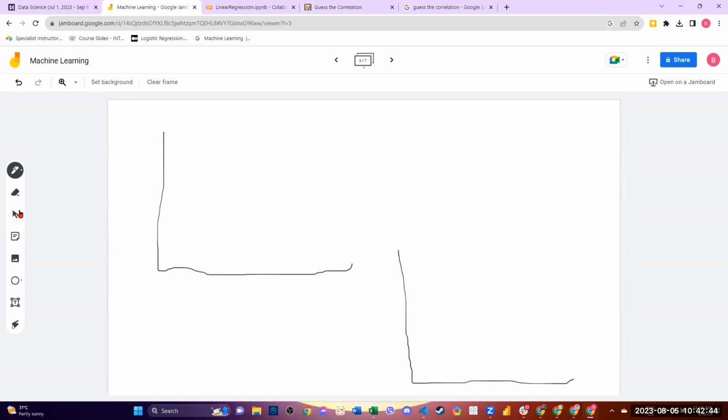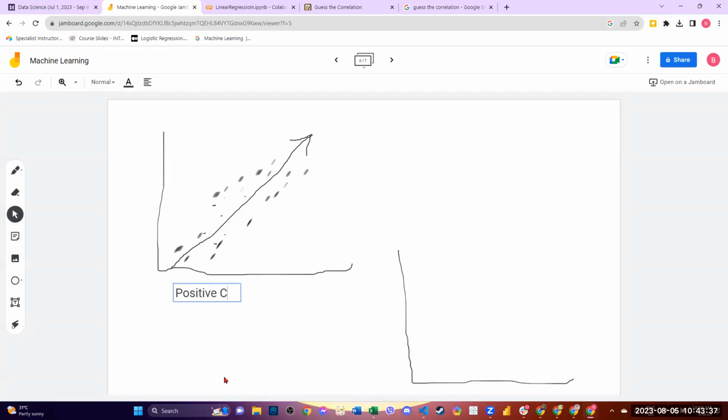If our trend line is going this side, we have different kinds of relationship. So this is positive correlation.